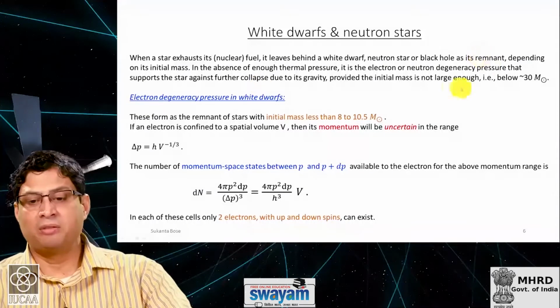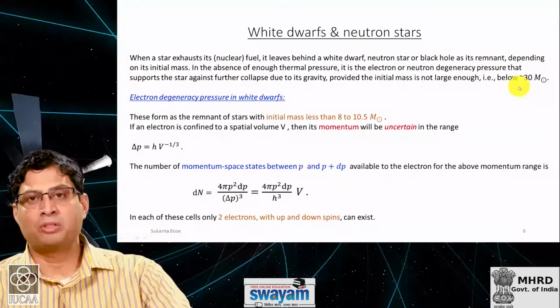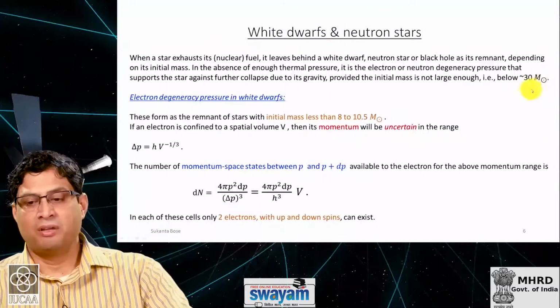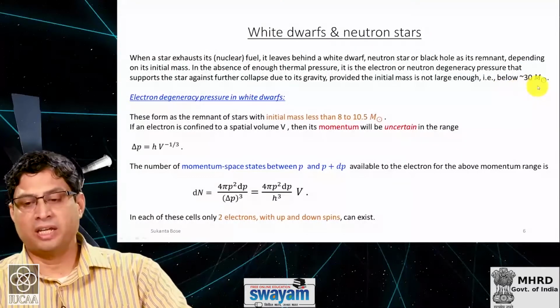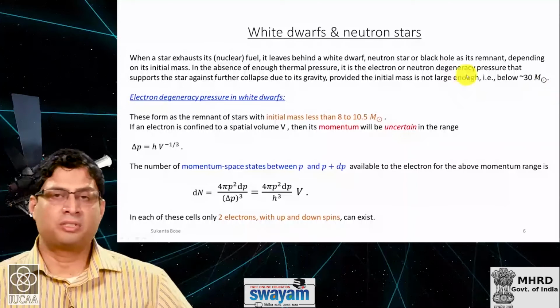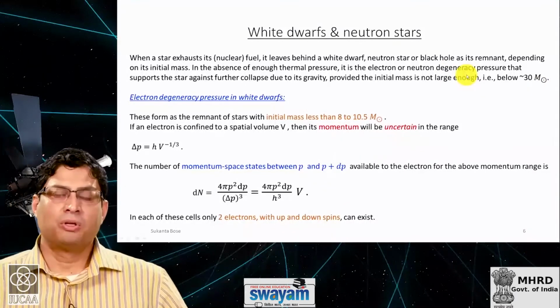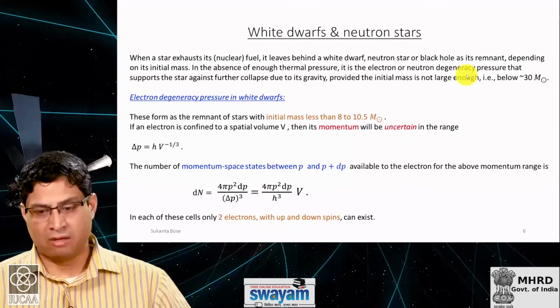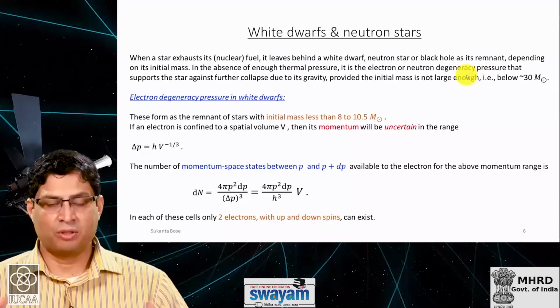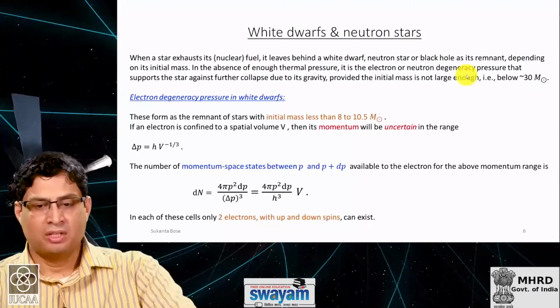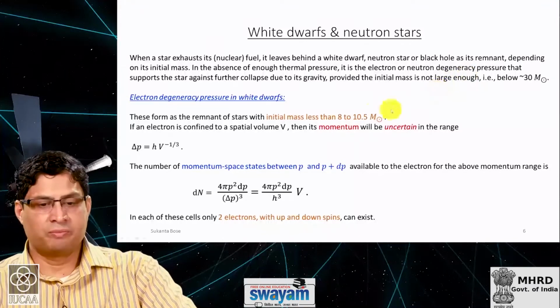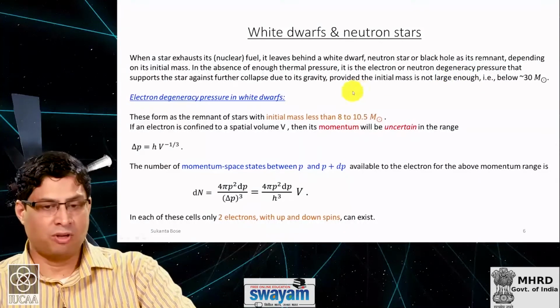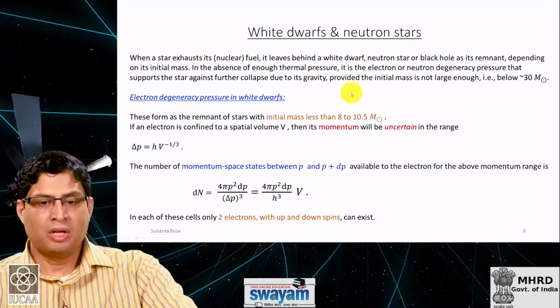But provided the initial mass is not large enough, that is below about 30 times the mass of Sun. If the initial mass is greater than that, then these degeneracy pressures are not enough to stall that collapse, and you have a black hole form as a remnant, from basically the core of that star. So this is how these compact objects form, the white dwarf, neutron star, black hole.